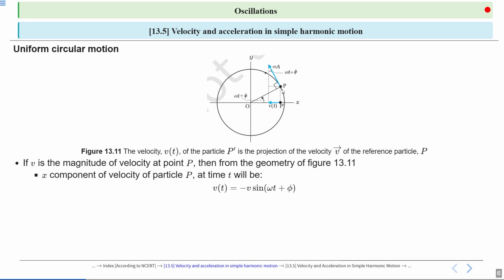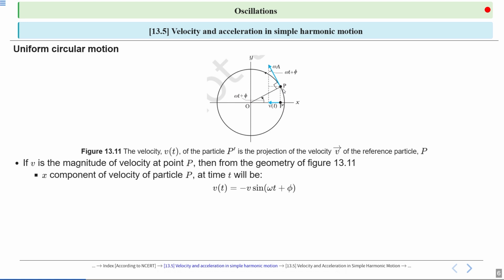The formula for the x component of velocity is v of t is equal to minus v sine omega t plus phi. Here v is the constant speed of the particle in the circle, omega is the angular frequency in radians per second, t is the time in seconds, and phi is the phase constant, which tells us where the particle started.